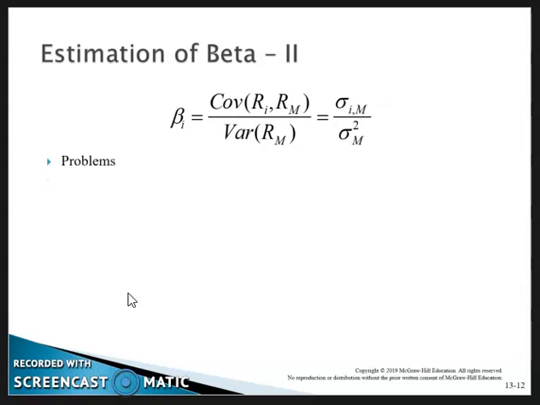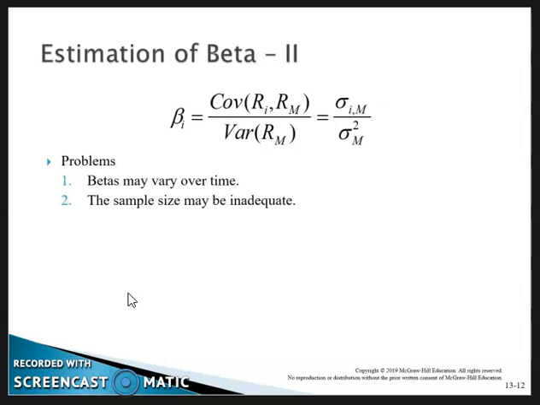So, problems with beta. Beta may vary over time. Sample size may be inadequate. As we mentioned previously when we talked about the CAPM, we're using this type of analysis called mean variance analysis.